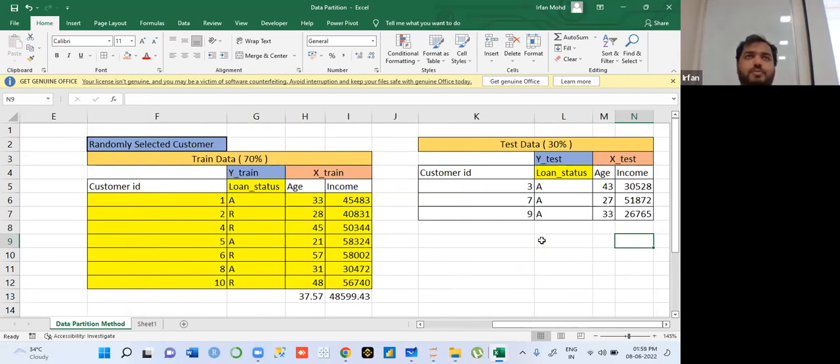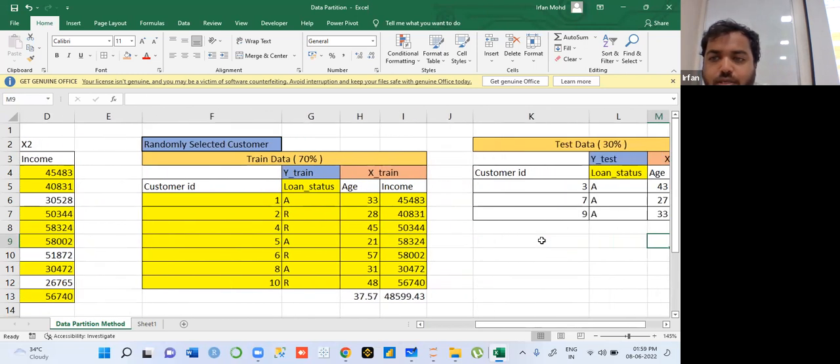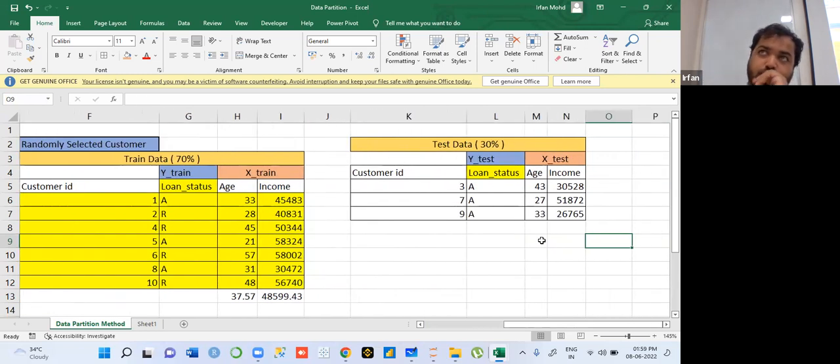Guys, any question can ask, please. I'm coming to an end. I'll repeat the process. We have original data. From original data, Vallabh picks up 7 rows. That data I call train data. The remaining rows, which Vallabh has not picked up, I've written as test data.